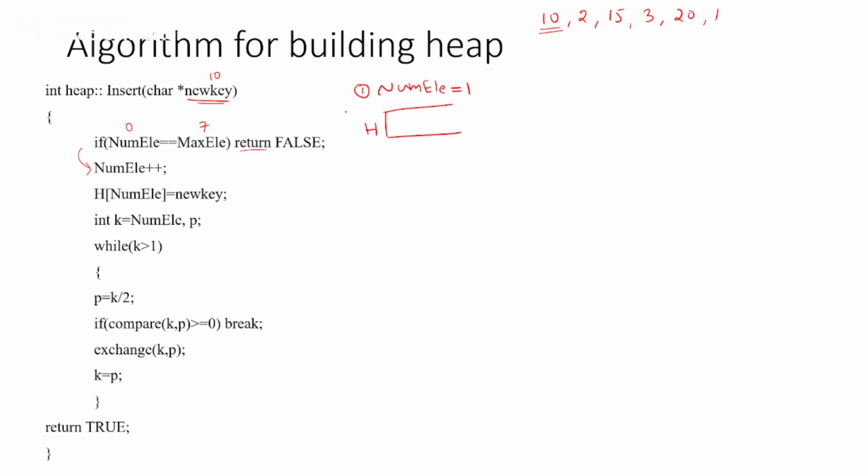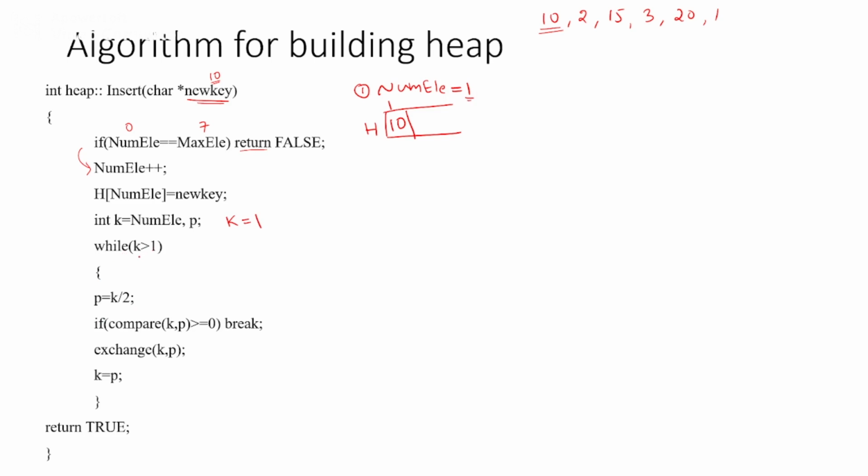So h of num element is h of 1, which is nothing but your new key. New key is 10, so that 10 I am going to put into h of 1. Now k is equal to num element, and the num element value is 1. So k is equal to 1.